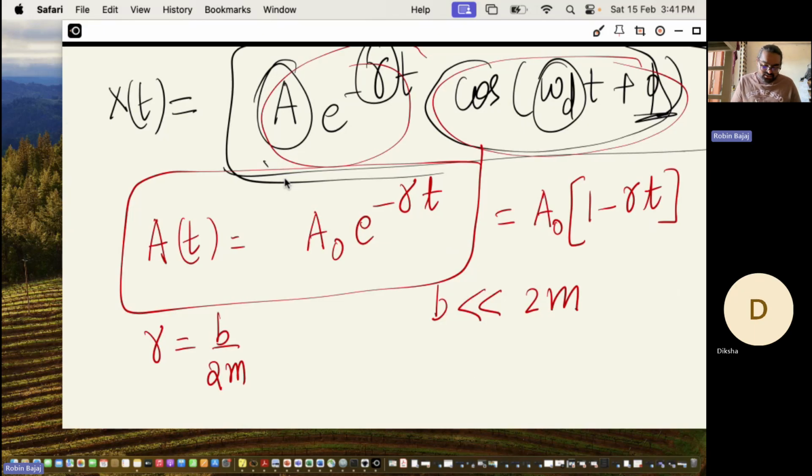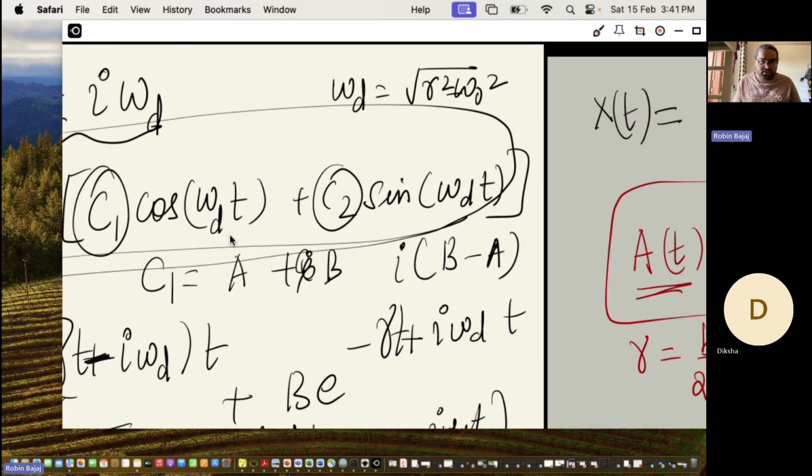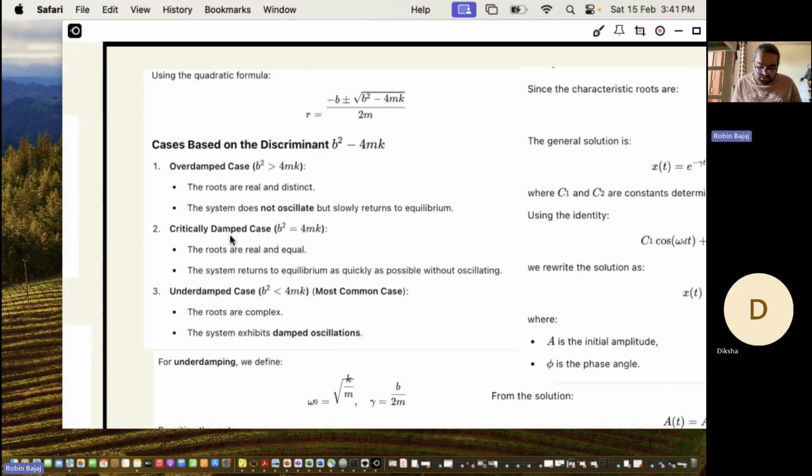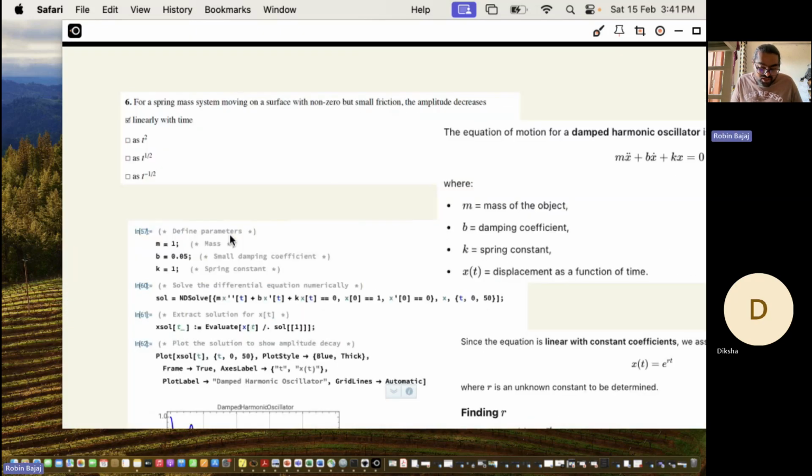So this is decreasing linearly with time, with a slope directly proportional to the damping factor. You know the answer now. What is the answer to this problem? It's option A. But we could have seen this just using Mathematica instead of doing this complicated derivation.